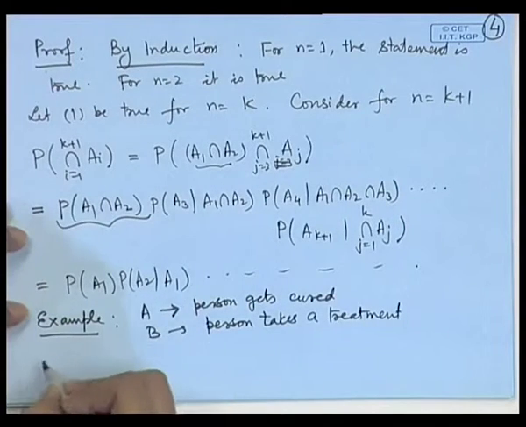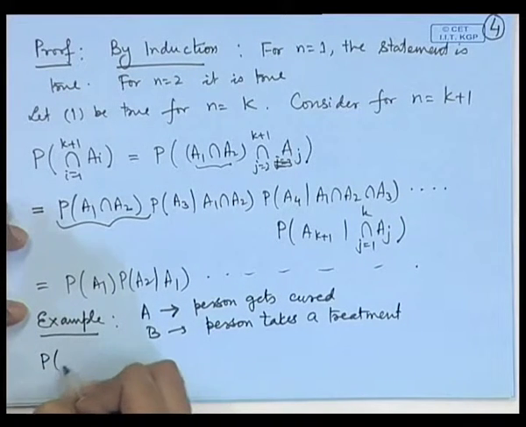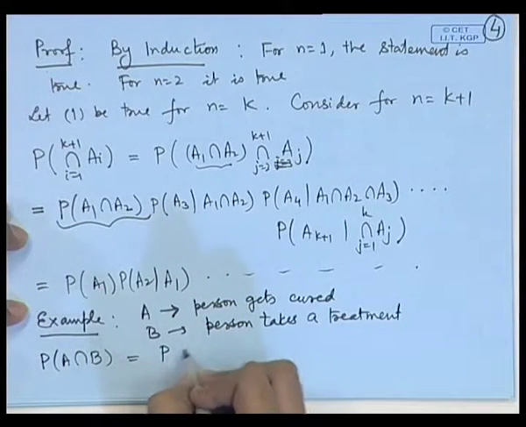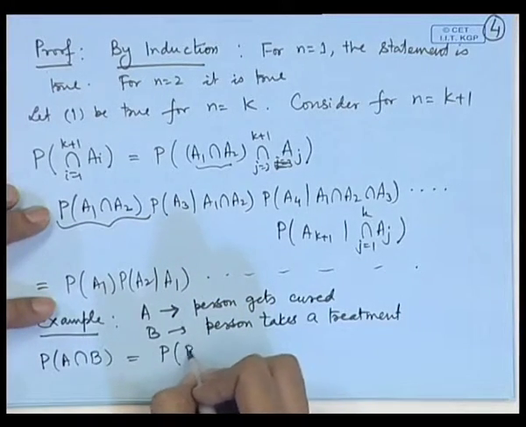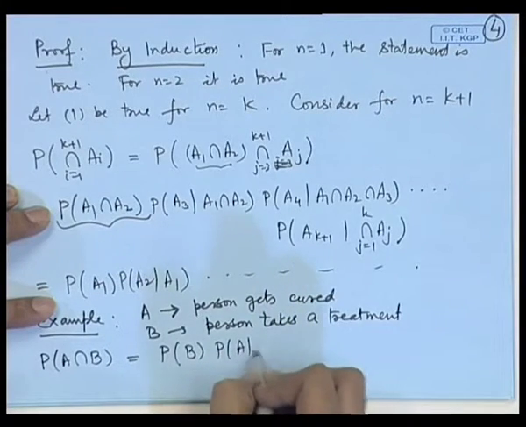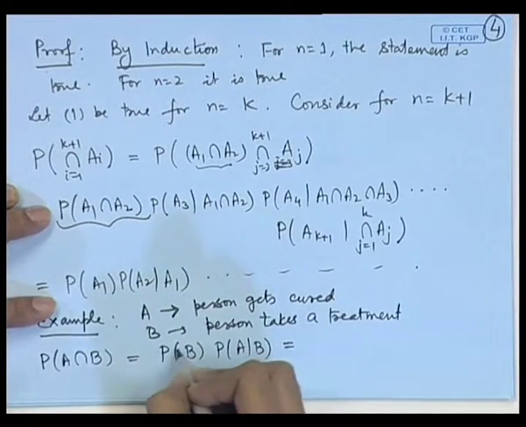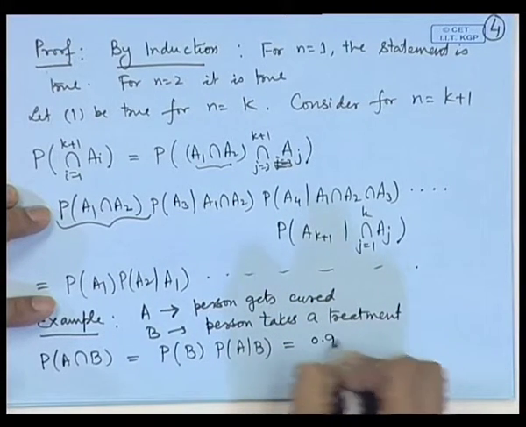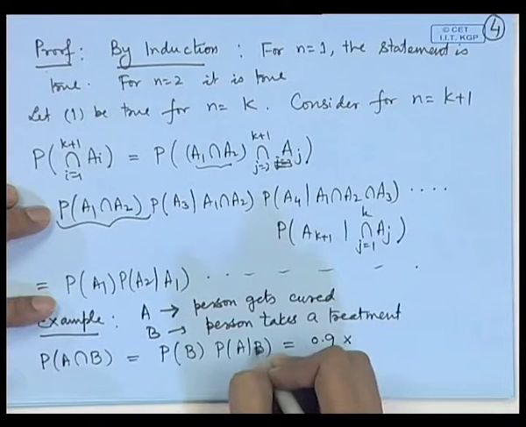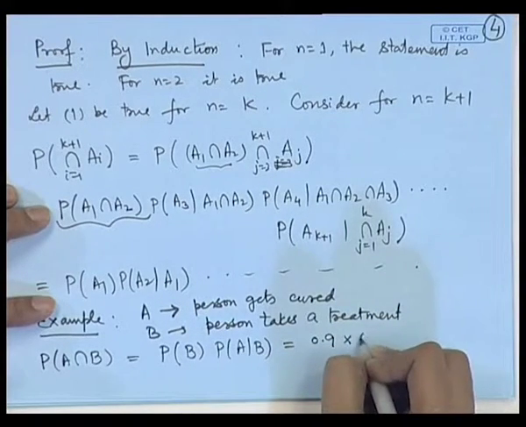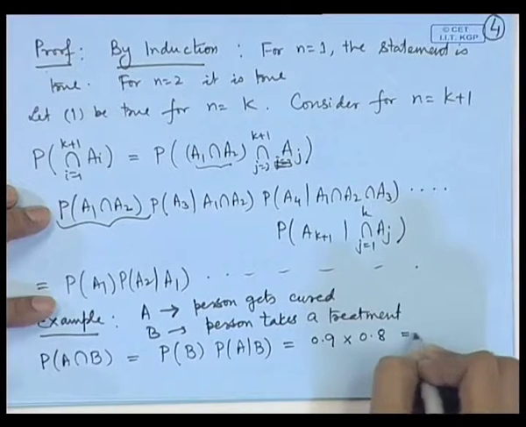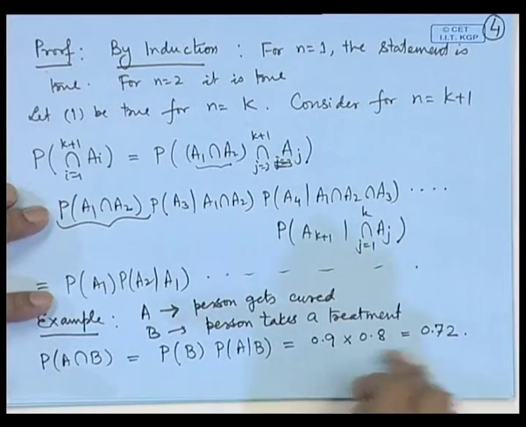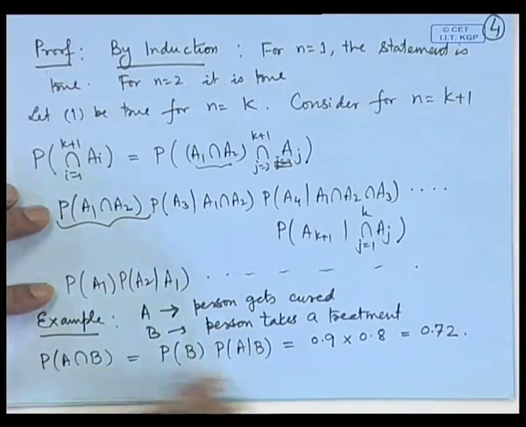Now, suppose probability of A intersection B is to be determined, then we can write it as probability of B into probability of A given B. Suppose we know that 90% of the people take the treatment, and of the people who take the treatment, suppose 80% get recovered, then this probability turns out to be 0.72, which might have been difficult otherwise.